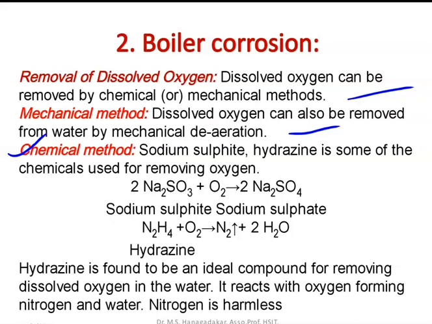Dissolved oxygen present in the boiler feed water is treated with two important chemicals, sodium sulphite or hydrazine, which are added in a calculated amount to the boiler feed water, so that we can prevent boiler corrosion.